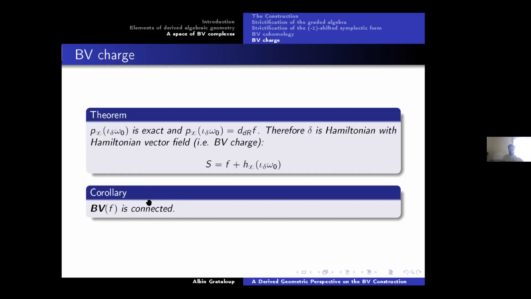Another thing is that in the usual construction, you can try to identify the different terms in the filtration of the construction of your BV charge with the different perturbations of H infinity and of delta, according to some filtration by these Chevalley-Eilenberg terms.